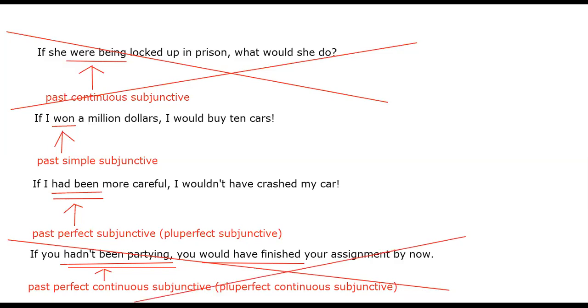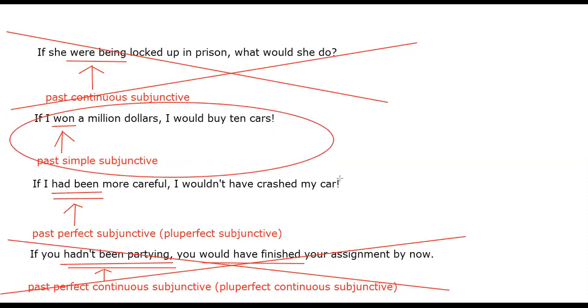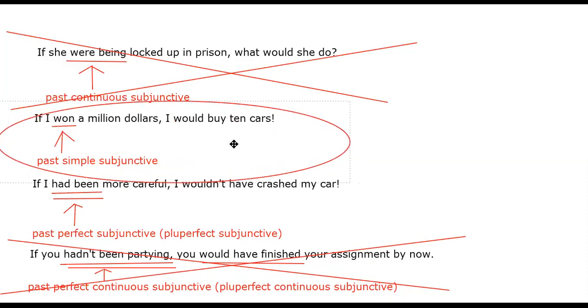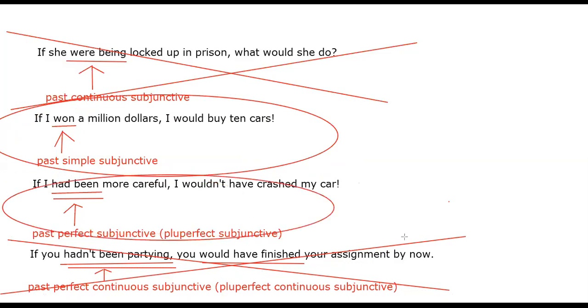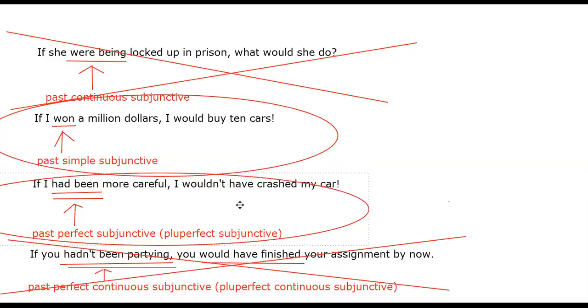So no continuous, and you could just think of it like this. And because the continuous really just makes the action ongoing, it doesn't actually change the time frame.